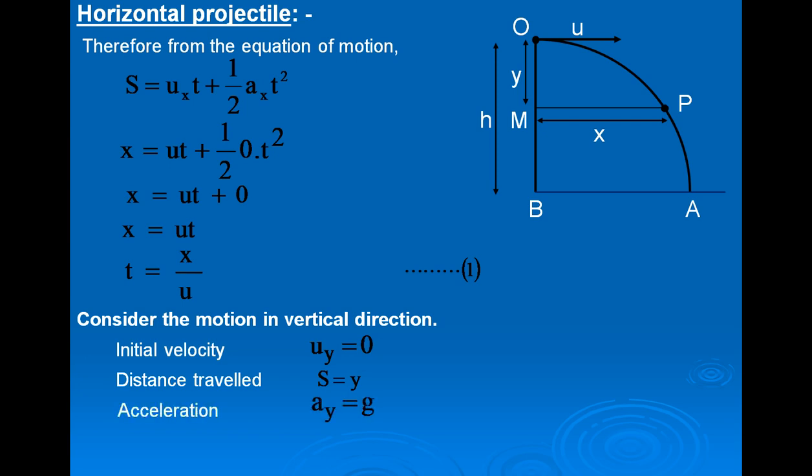Acceleration ay is equal to g, the acceleration due to gravity. Time taken is equal to t, which remains the same for both horizontal and vertical motion.